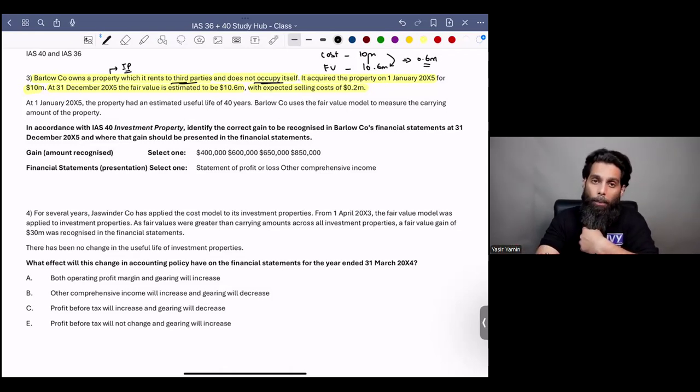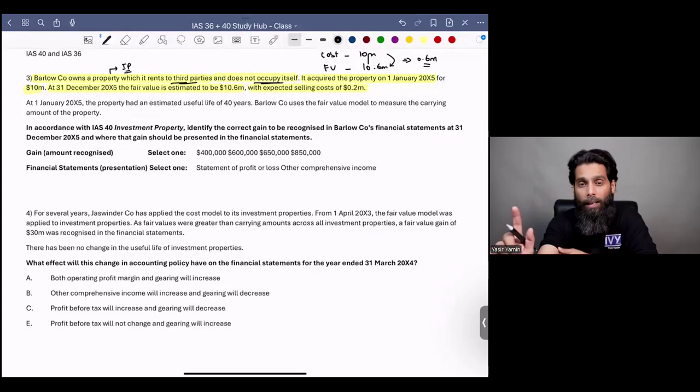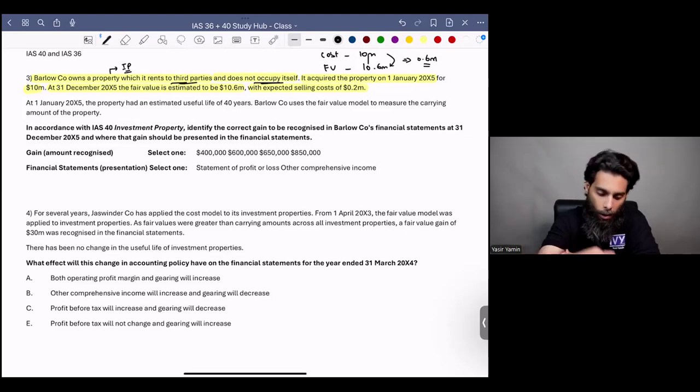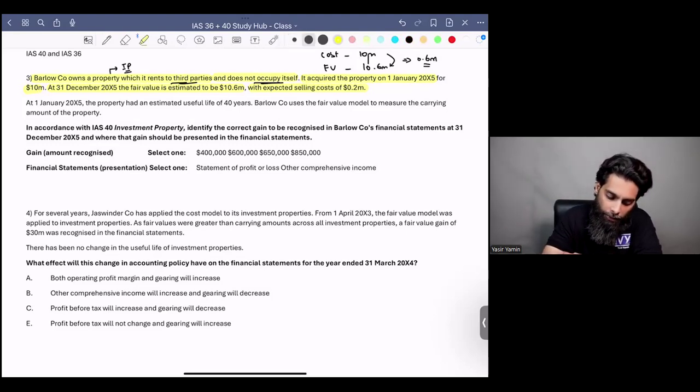If you carry this property under cost model, which is allowed under IAS 40, then normal depreciation rules apply. But remember, if it is carried under fair value model, then there is no depreciation. Examiner says at 1st January X5, the property had an estimated useful life of 40 years.